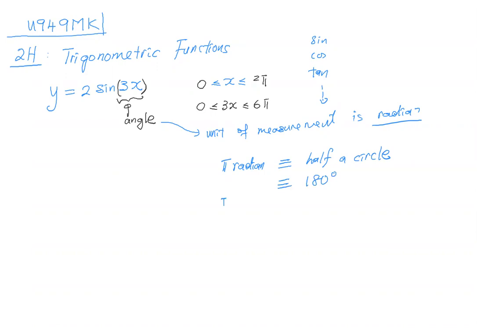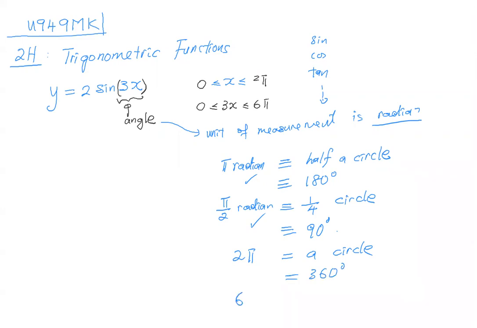So pi by 2 radian is what? It's a quarter circle. So it's equivalent to 90 degrees. So what is important? You must have this concept. So 2 pi is equal to a circle. So it's 360 degrees.